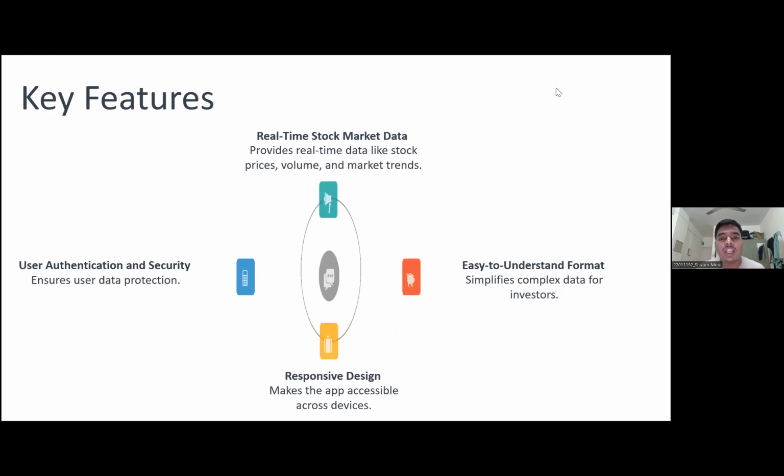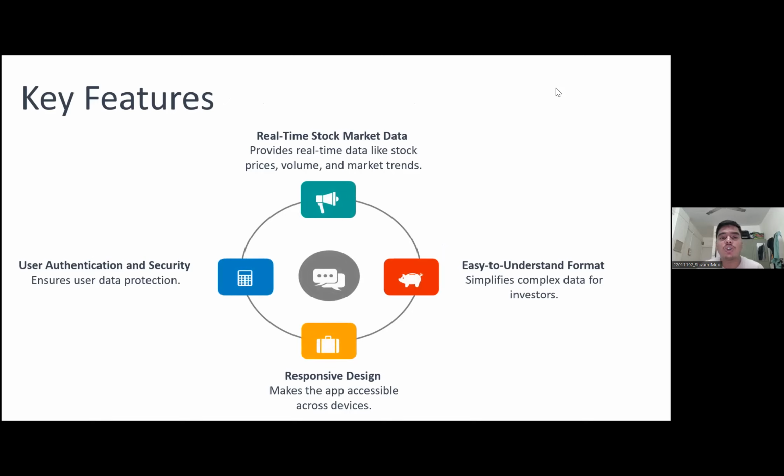Coming to the key features, for real-time stock market, we will be providing the data to the users. Because of that, the user can trade, or we can say learn from that information and use the prices, volume, and market trends to inform their decisions while investing in the stock market.